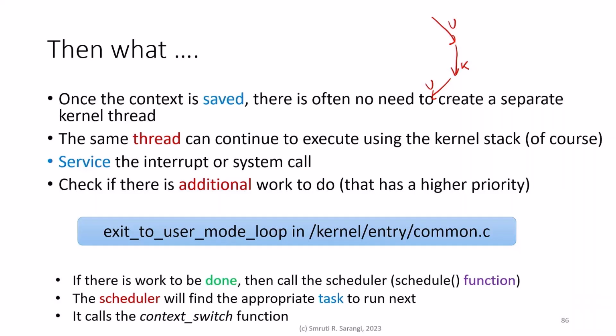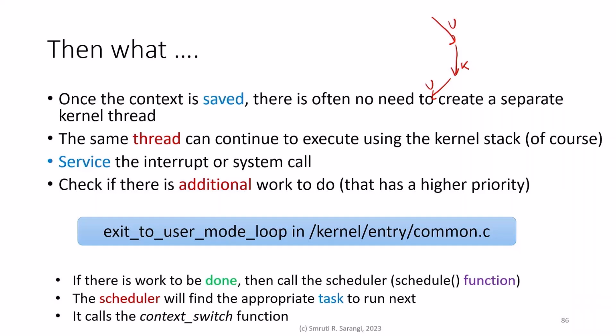Now here is the thing. If you have gone to the kernel, you are an opportunistic customer. You got a system call, you got an interrupt, you went to the kernel. But there is no reason that the kernel is going to return the favor. The kernel will see what is the best that it can do.